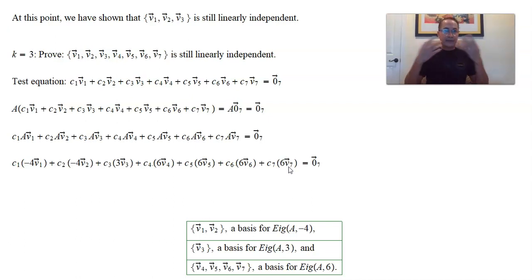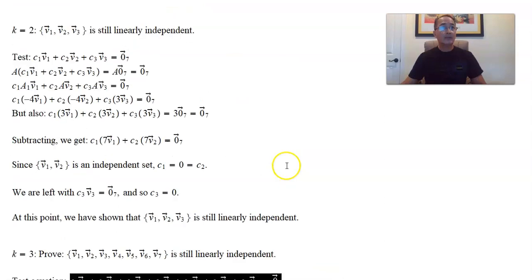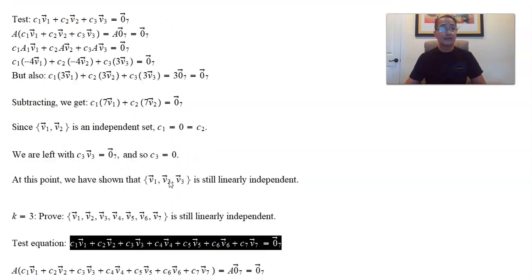6 V7. All right, so what's the second thing that we're going to do? We're going to multiply both sides of this test equation by the last eigenvalue. Notice that something different is happening for k equals 3. When we had k equals 2, we only had one extra vector. So we multiply both sides of the test equation by the last eigenvalue, which is 3, and only one eigenvector got eliminated.